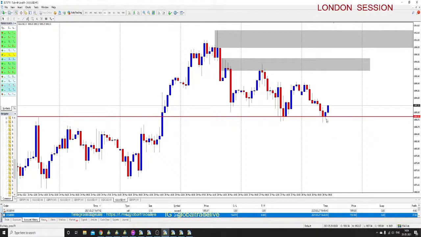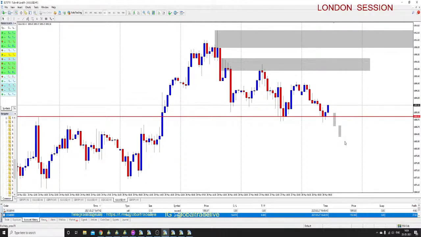But we have this area over here. We have this support over here from the 4 hour. If we start to break down to this level and leave that level behind, then we will know that we have left the 4 hour level and might be moving down.